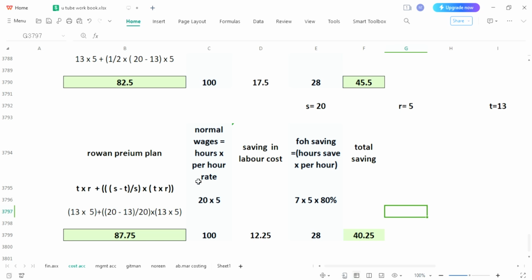In this way standard time was 20, no matter if it is completed in less or more hours, a labor worker should insist to be paid according to standard, and this would be more beneficial if the labor worker is using the normal wage rate system instead of Halsey or Rowan. In both cases he will be getting 100 rupees, that means extra amount can be paid. So this is the comparative statement and hopefully you have understood.